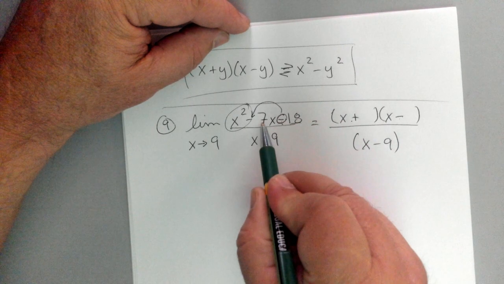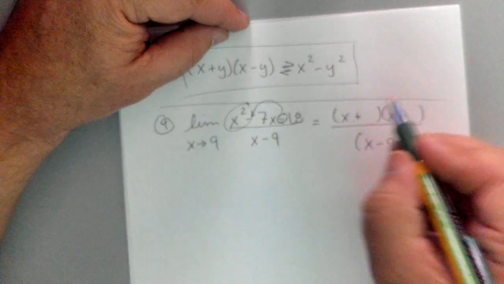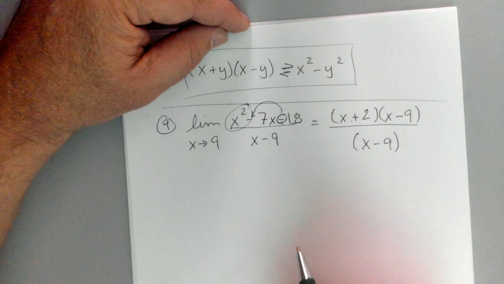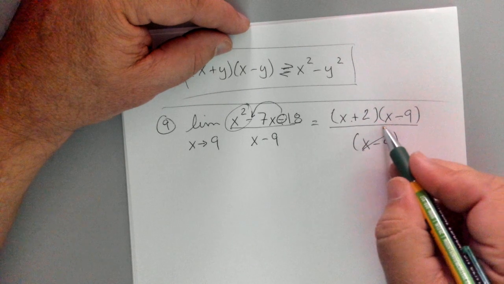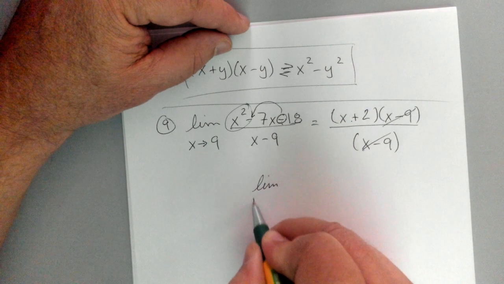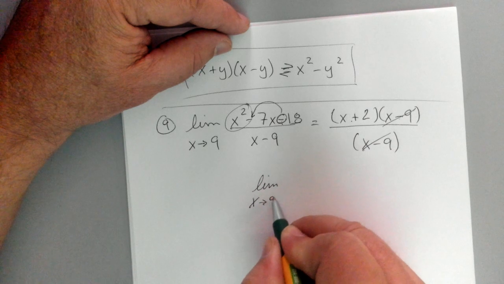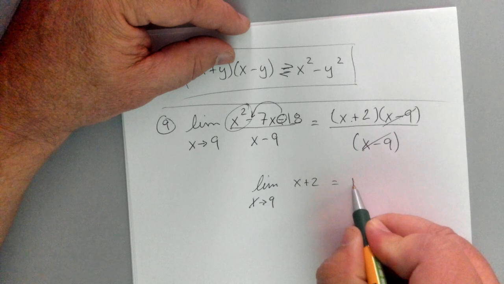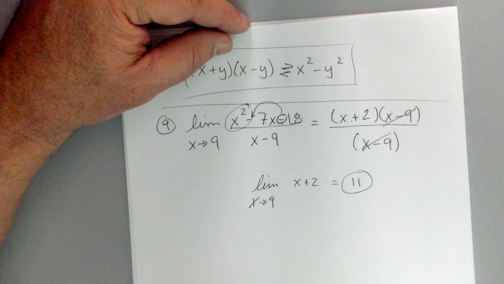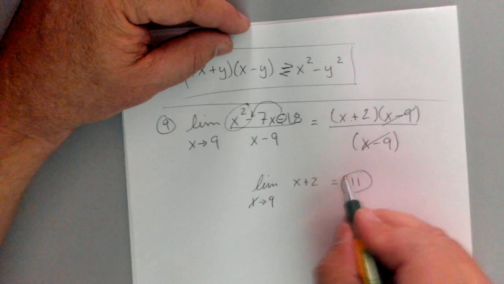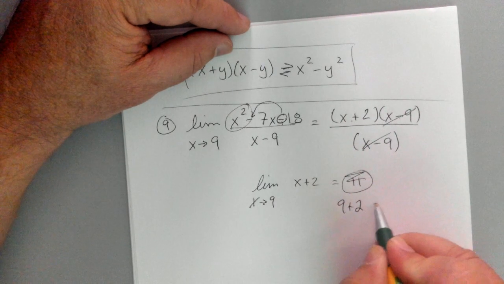When you subtract them, you get 7. 2 and 9. And the bigger number gets the minus. So the limit as x approaches 9 of x plus 2 is 11.